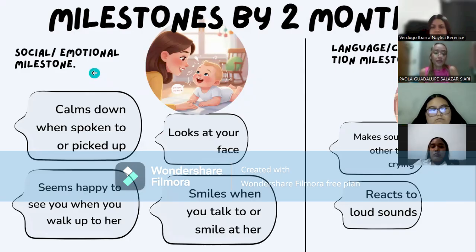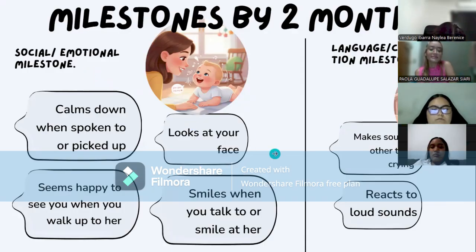In the social and emotional milestones, we have: calms down when spoken to or picked up, looks at your face, like we can see in the picture, seems happy to see you when you walk up to her, and smiles when you talk to or smile at her.